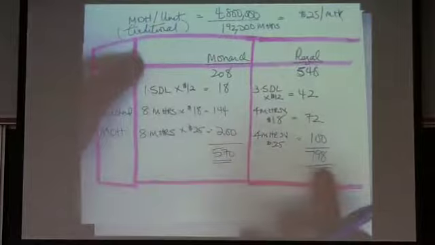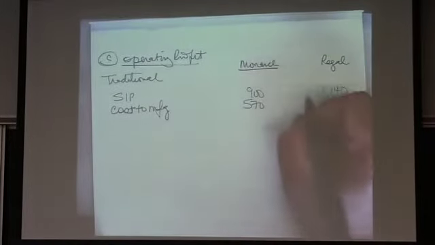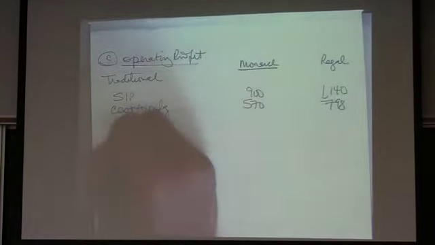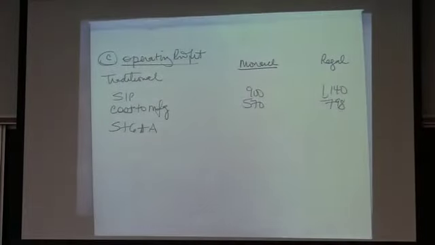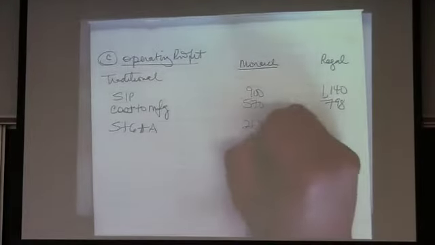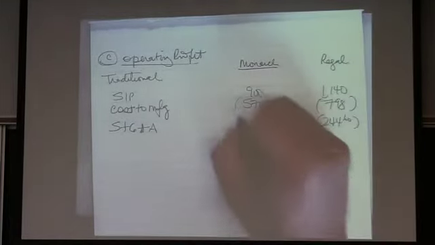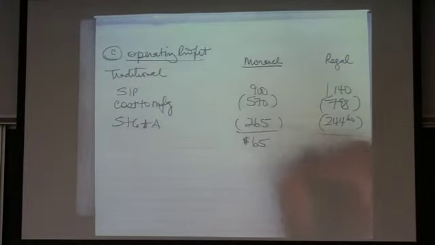Remember, 570 and 798 in part A. And what about SG&A, selling, general, and admin? We were told that in the question, weren't we? We're told that it's 265 and 244.60. So this is making $65. This is making $97.40.